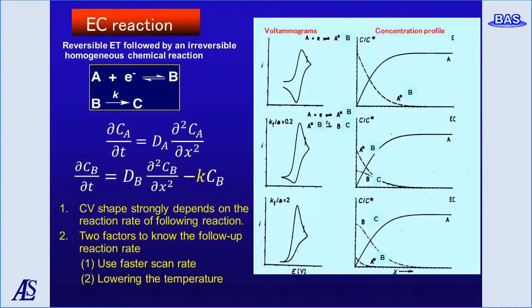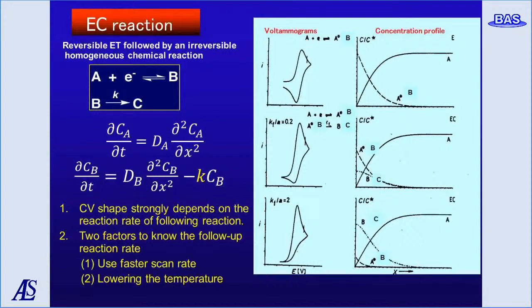When you get the CV shape of the second or third shapes, you should try two things. At first, use a faster scan rate to overcome the homogeneous reaction rate. You'll have a chance to get the reverse peak.